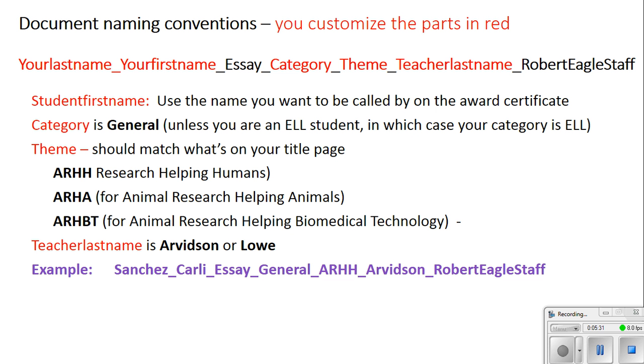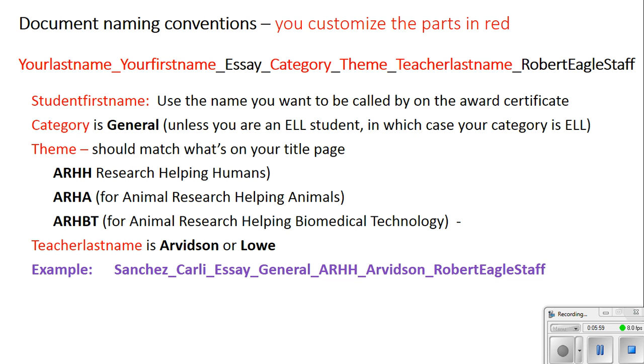Okay, the last thing you need is to name your document according to the document naming conventions. So you're going to name your document this: your last name, underscore, your first name, underscore, essay, underscore. You're going to pick the category, the theme, your teacher last name, and your school.